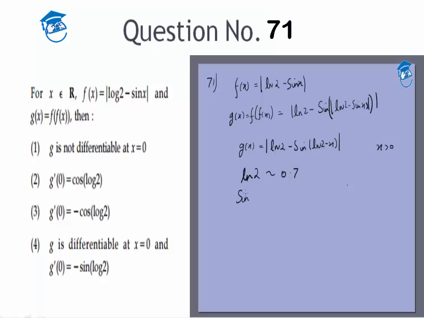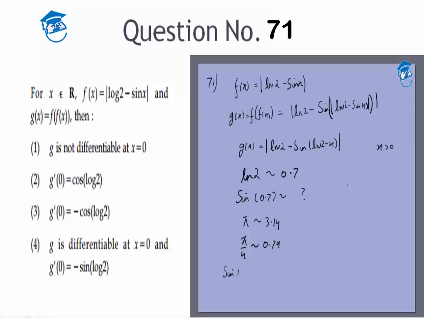We need to find out what sin of 0.7 is approximately, because if x is very small, this will be sin of ln2. We need to find out whether or not this is greater than or less than 0.7. There's one comparison which we can do easily. Pi is 3.14. So pi by 4 is slightly less than 0.8, something like 0.79 or 0.785, right?